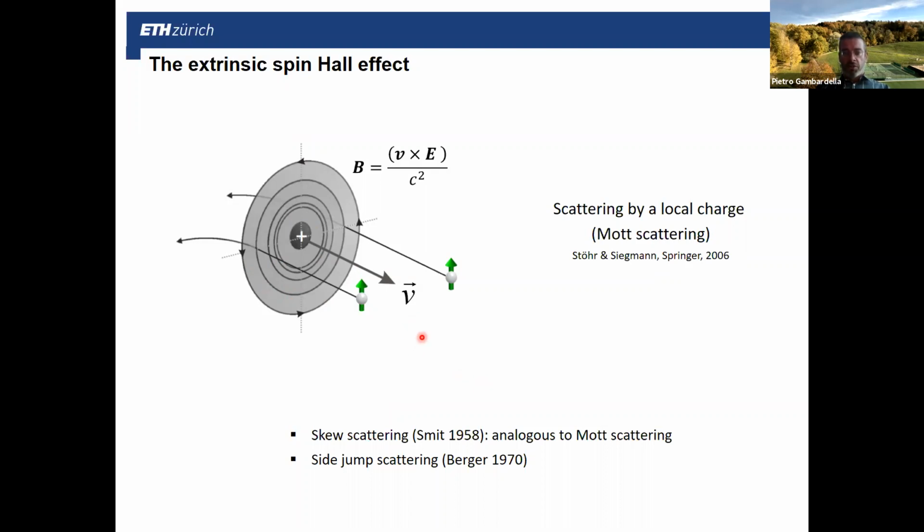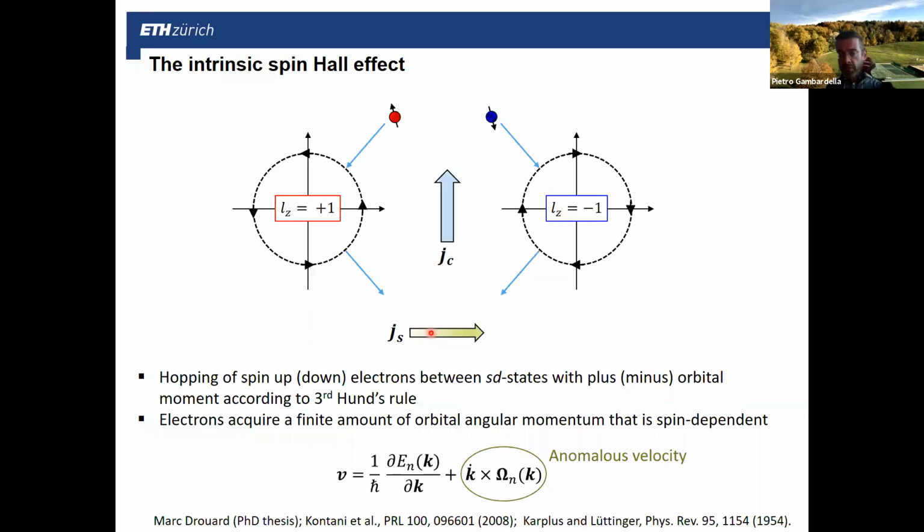Okay. So these are extrinsic effects, but there are also intrinsic effects. Right? And intrinsic effects basically occur due to the band structure configuration, and they're also described in terms of an anomalous velocity or Berry curvature here.